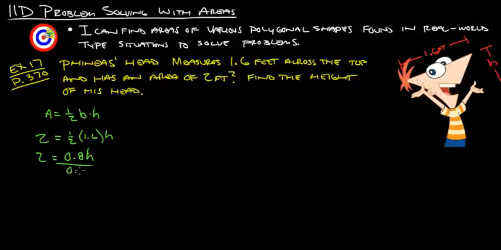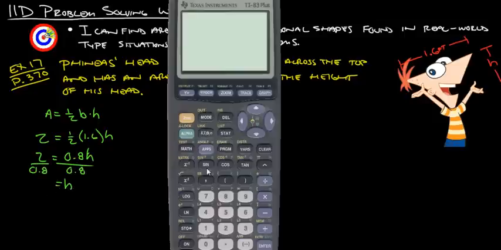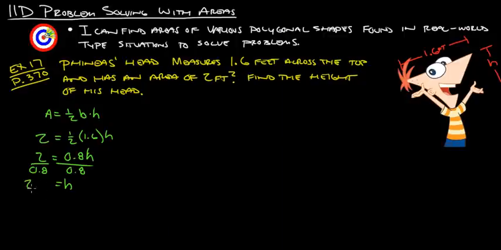So divide both sides by 0.8, and we can figure out the height of Phineas's head. So take 2, divide it by 0.8, and we get 2.5 feet. So Phineas's head is 2.5 feet tall. That's one big head.